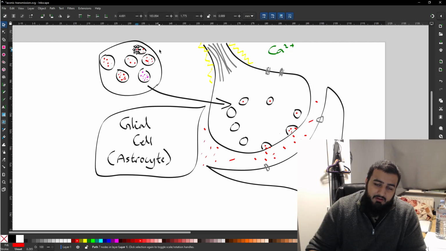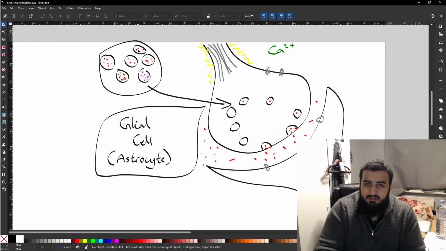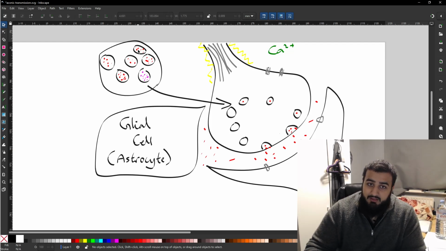If the dominant one is GABA, G-A-B-A, which is the major inhibitory neurotransmitter in the CNS, then we'll call it a GABAergic neuron. Same way, glutamate is the major excitatory neurotransmitter, and we'll call this a glutamatergic neuron if it synthesizes and produces that mainly.